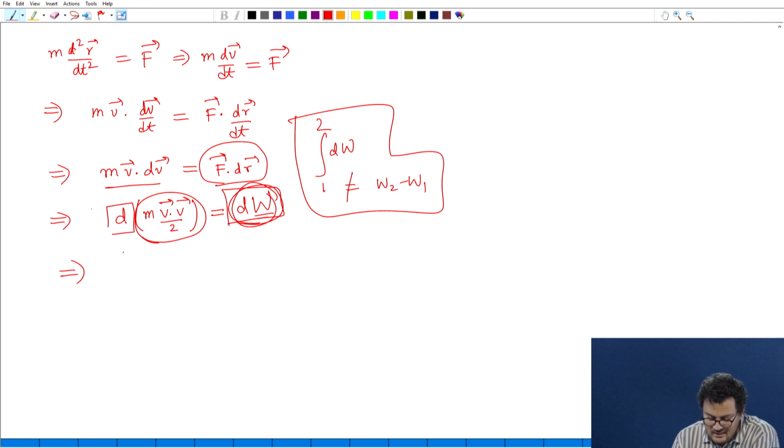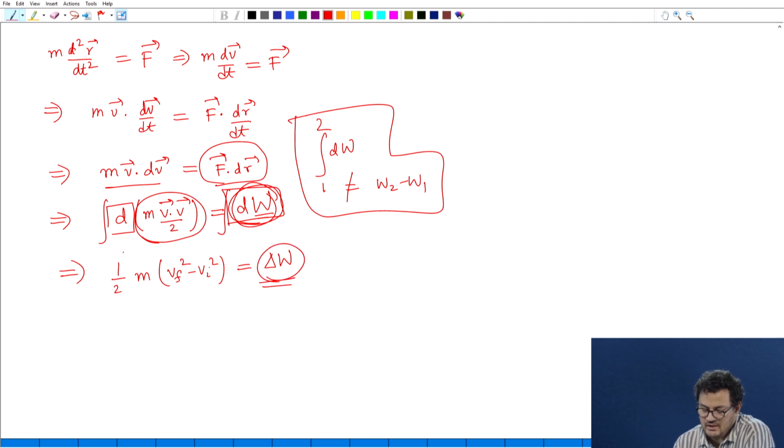If I integrate them from some initial step to the final step, then this is nothing but half m (Vf square minus Vi square) is equal to some delta W. Then the work done during this process, while the particle is moving from velocity Vi to velocity Vf, if given by delta W, will be exactly equal to the change in kinetic energy of the particle.